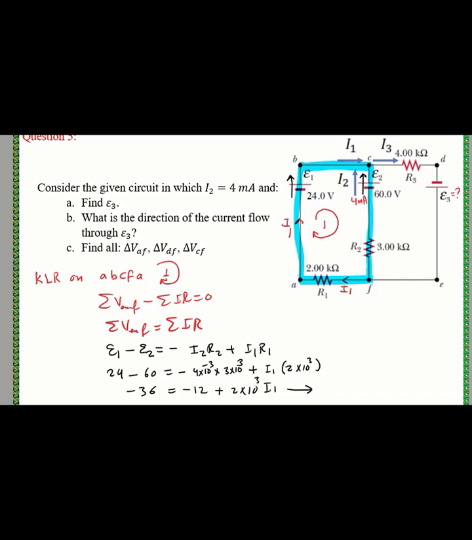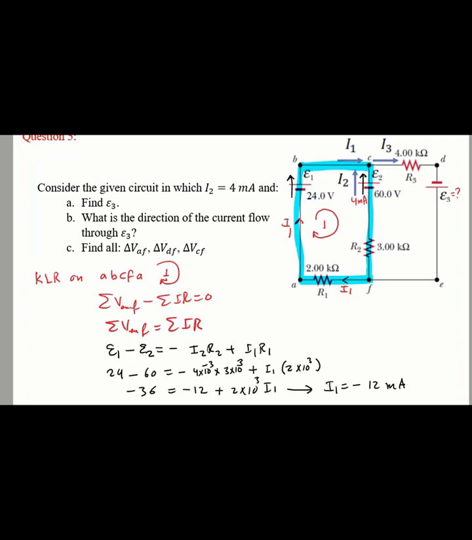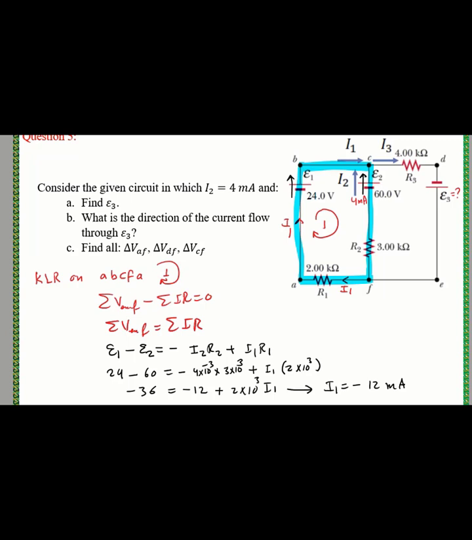And here we have I1 equals 24 over 2, which is 12 milliampere with a minus sign. So it is in the opposite direction suggested by the diagram.